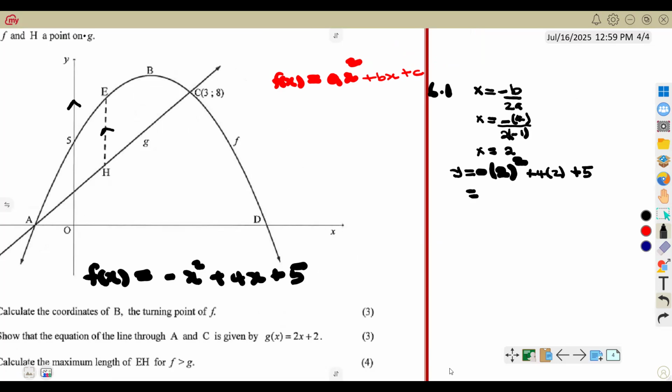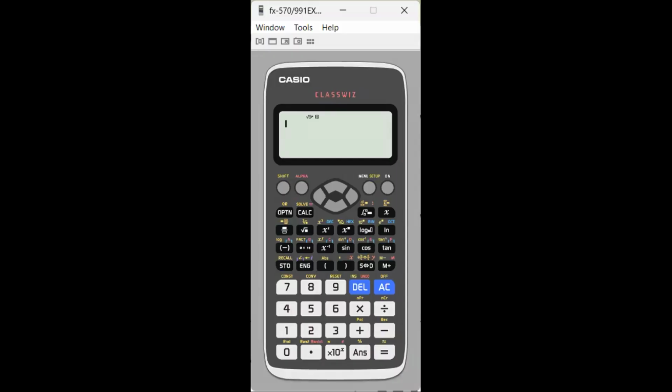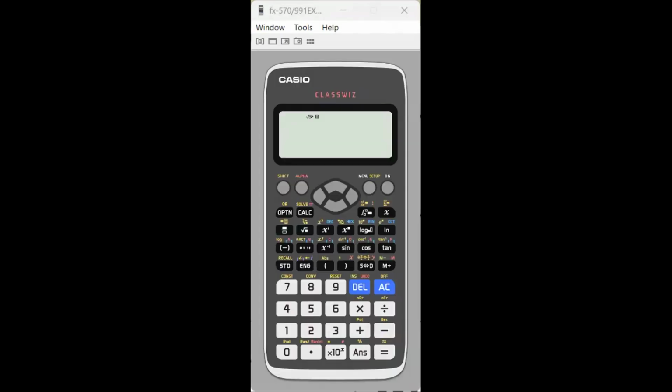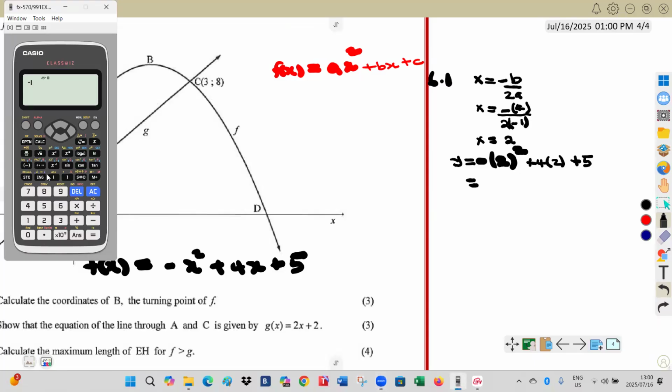So it's going to be a negative, open bracket, we have 2 squared plus 4 multiplied by 2, plus 5.